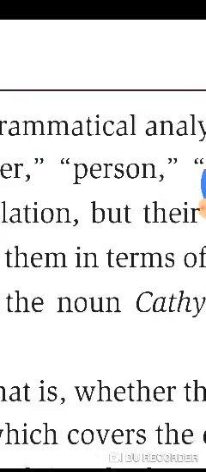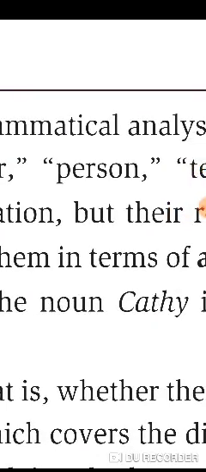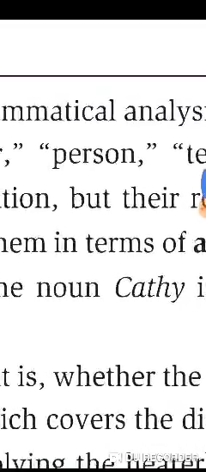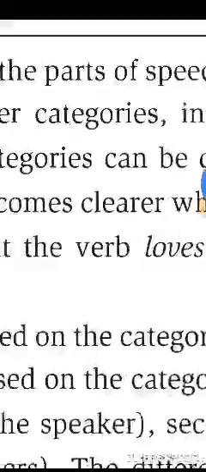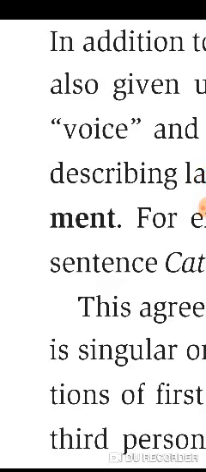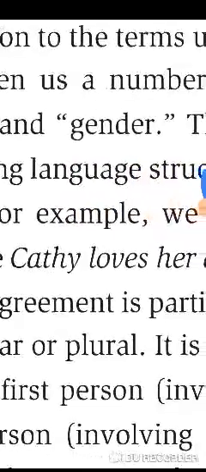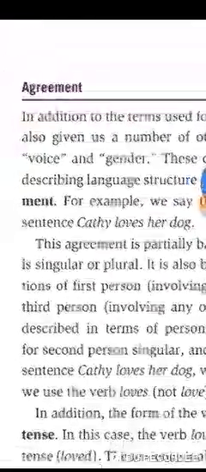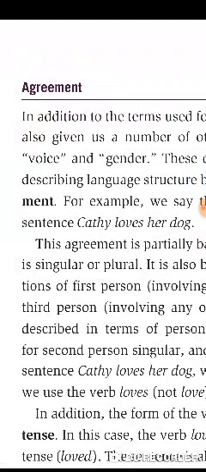Okay? The next one is person. The next one is tense. I'm going to talk about these things just now, okay? And the next one is voice. And the last one is gender. Okay? These are the things that in a grammar like English, Arabic, or Farsi, we need to have agreement.